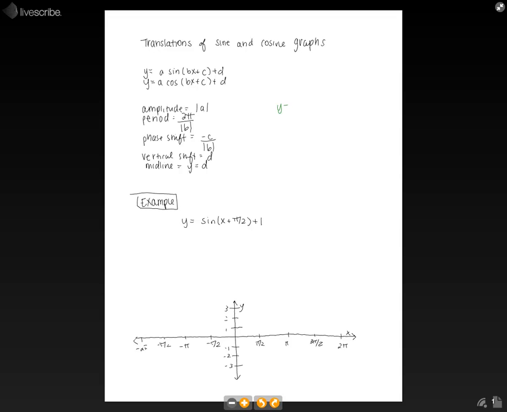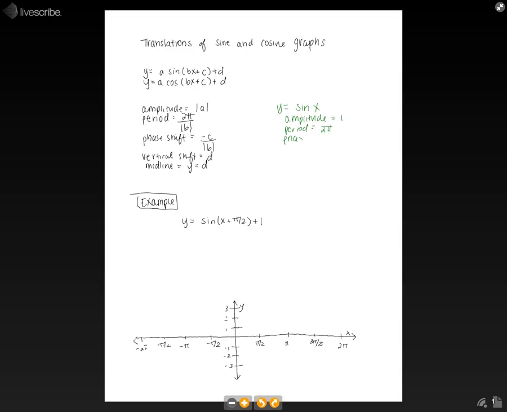So if we looked for just the general y equals sine x graph, we can see that the amplitude will be equal to 1 because the a value is 1. The period is equal to 2 pi because we have 2 pi over the absolute value of b, and in this case b is 1.